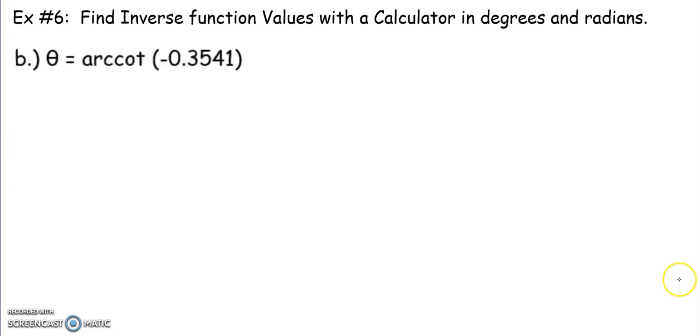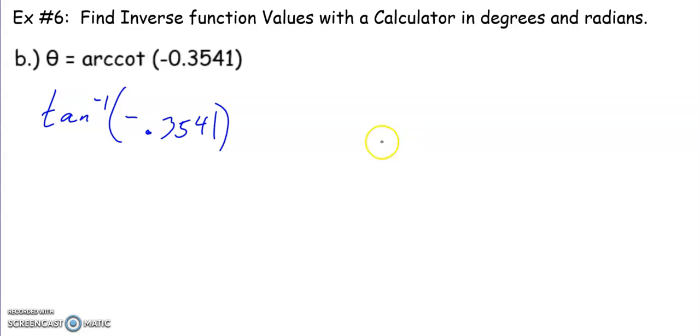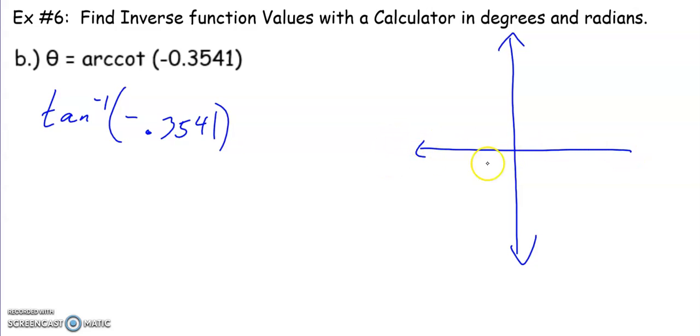Now, arc cotangent can be a little tricky because we are going to type into our calculator the inverse tangent of negative 0.3541. But the problem with this is that a negative tangent puts us in quadrant 4.